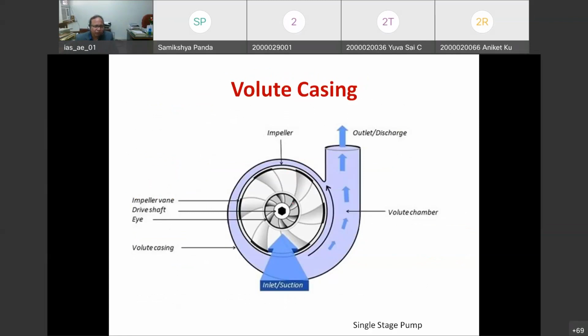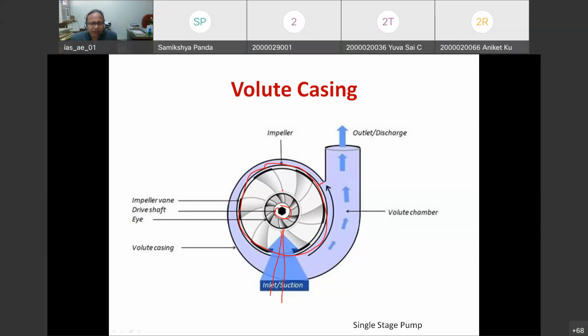In the volute casing, this white portion is the impeller. This is the eye of the impeller, through which water is sucked in. Here you see the space between the impeller and casing.